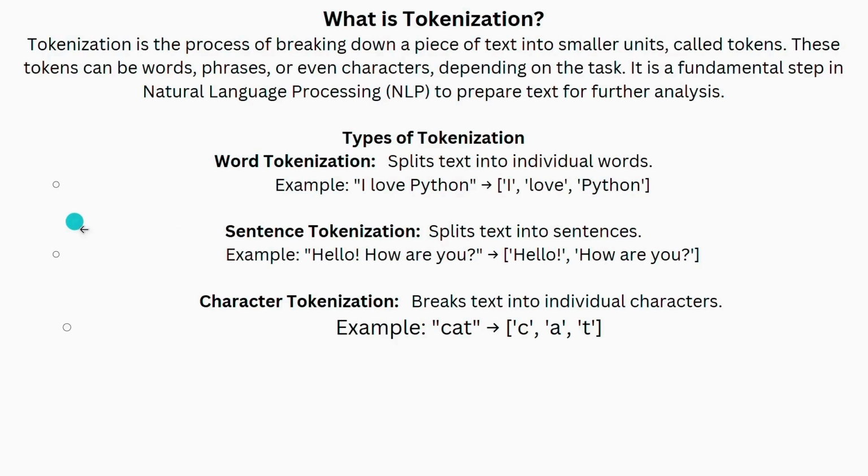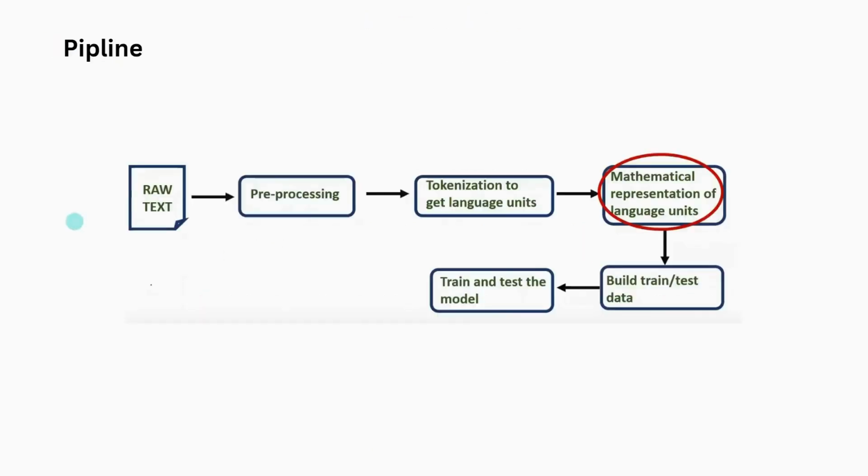Now, going back to the previous pipeline, we completed our pre-processing step and tokenization to get language units. Now we have to do the mathematical representation of the language units. This is the main thing in representing textual data.